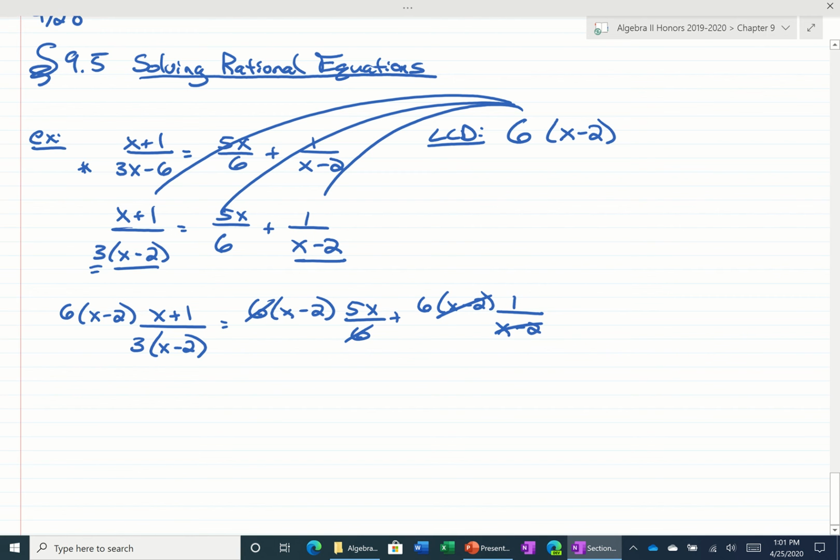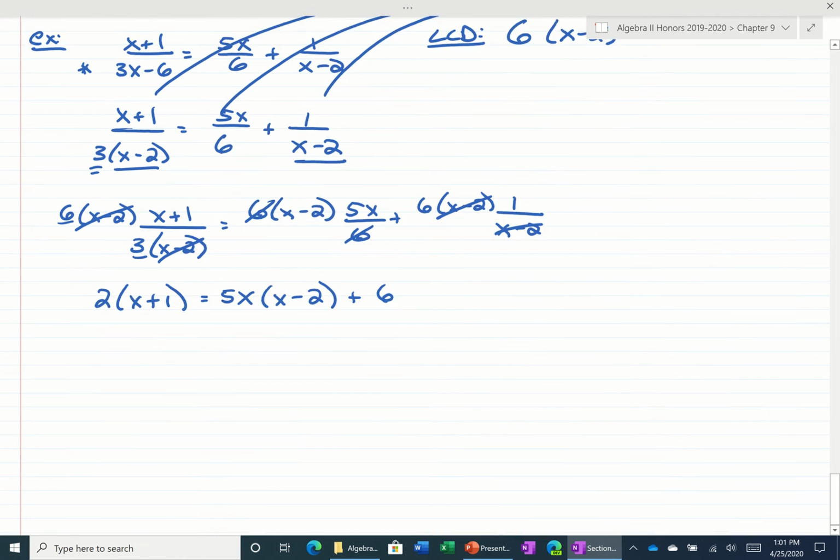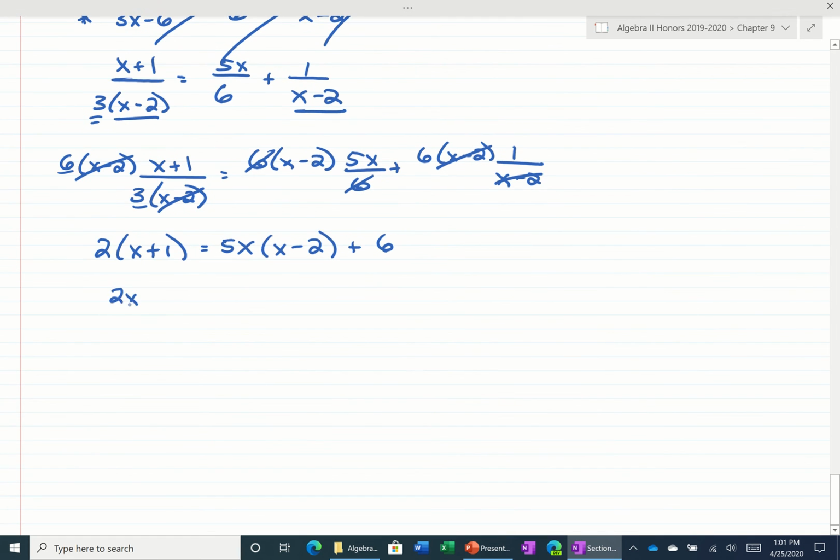Anytime you multiply and divide by the same thing, they cancel. And actually, 6 divided by 3 is 2. So we get 2 times x plus 1 is equal to 5x times x minus 2 plus 6 times 1. So we get 2x plus 2 is equal to 5x squared minus 10x plus 6. Try to get everything on the same side, make it equal to 0.